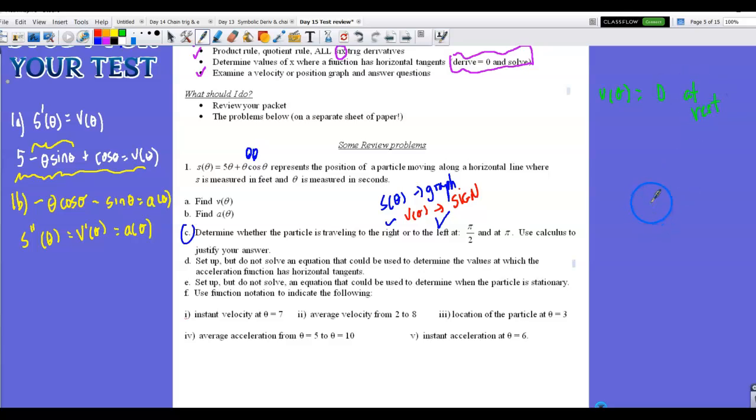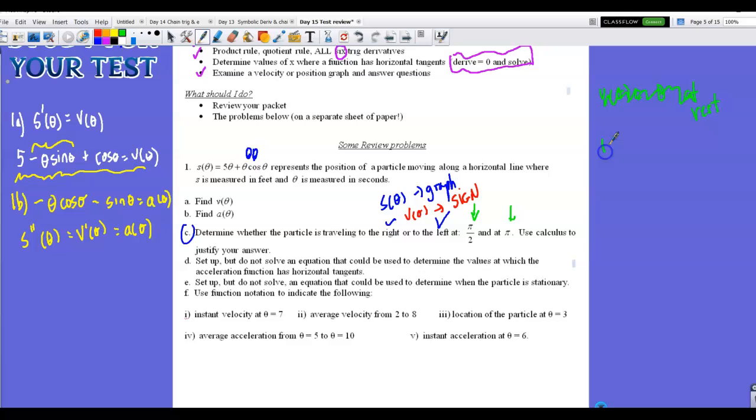Oh, wow, I was going to say, I never would expect you guys to solve that equation. They're giving me two particular values, and so I need to know if the particle is moving to the left or right at pi over 2 and pi. So I actually am not going to need to create the number line because I have specific values.